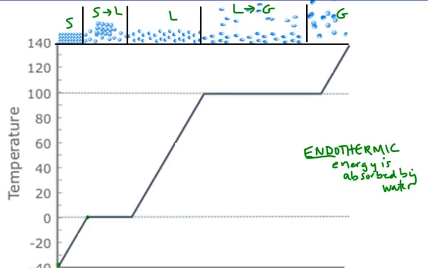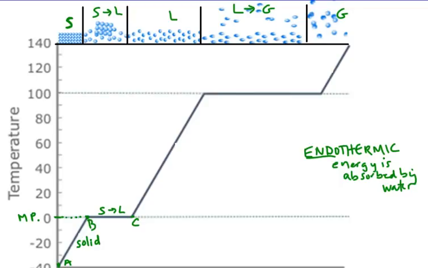So if we have points A and B, points A, B represent the solid phase, and in that phase the solid is warming up. From points B to C, we have a solid turning into a liquid. That is happening at a constant temperature, which is 0 degrees Celsius. So this is what we call the melting point. This is one of the ways that we can identify this substance as water: the melting point is at 0 degrees Celsius, and that is unique to water.